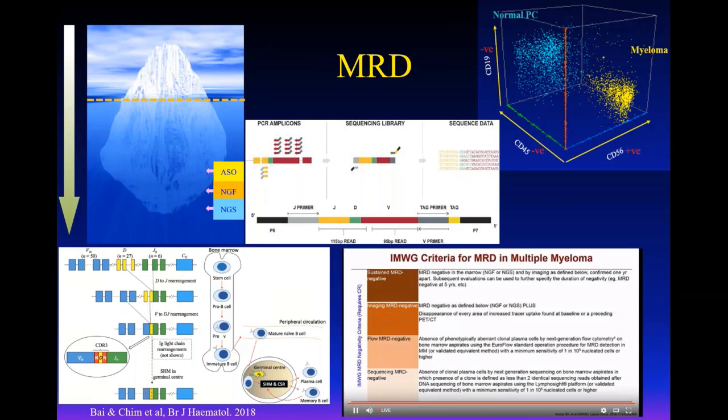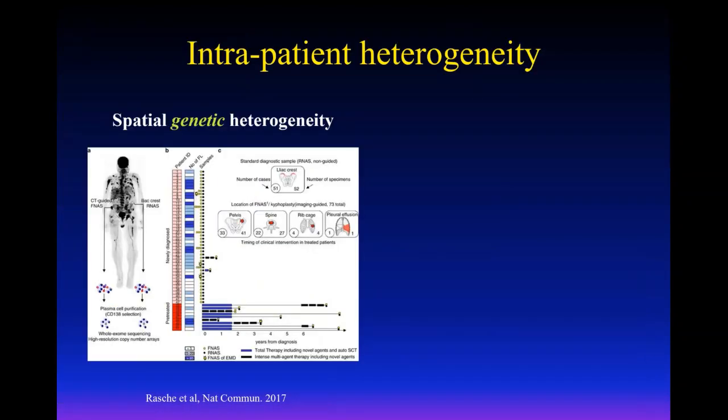However, there is an additional level of complexity, in that there is significant, not inter-patient heterogeneity, it's intra-patient heterogeneity. For example, I think the Arkansas research has shown, using CT-guided biopsies from different sites of myeloma lesions in the same patient, for example in the pelvis, the spine, the rib cage, and then performing exome sequencing, that there is a significant difference in genetic landscape in the same patient at different sites.